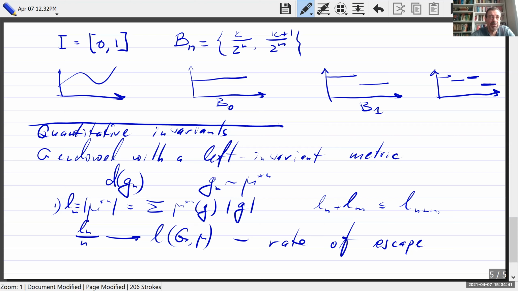I have defined the rate of escape just on average, and here I have used just the usual subadditive inequality. However, one can also define this rate of escape individually along the sample paths of our random walk by using the famous subadditive ergodic theorem due to Kingman.